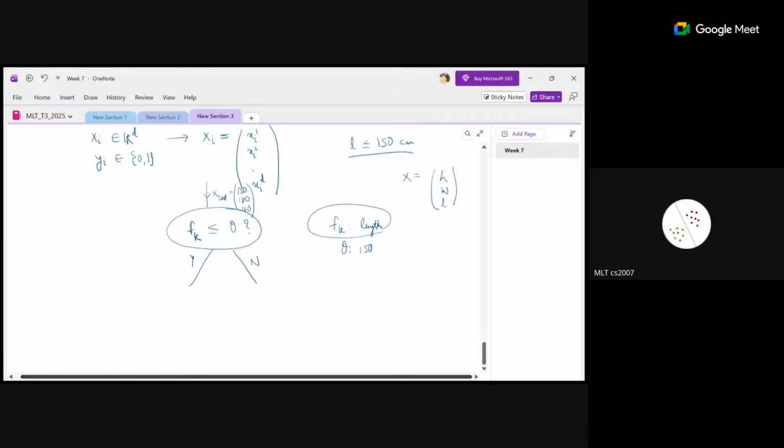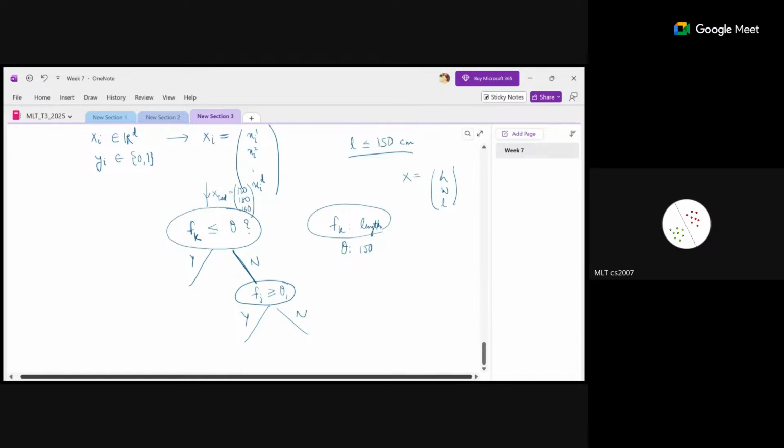Is length less than or equal to 150? No, right? So it will go there. Now again, I will ask a question. Again in here I will have some question, maybe fj is greater than or equal to some theta 2, or theta 1, or maybe some other value we can think of. Let's call it theta 1. So again, based on that, yes, no, I will have some predictions and some questions.